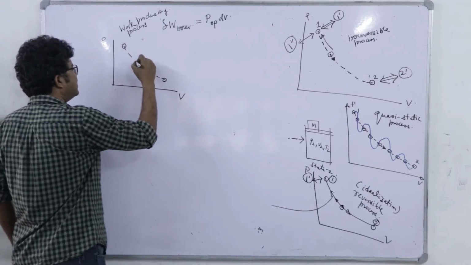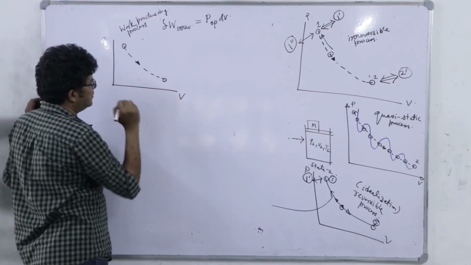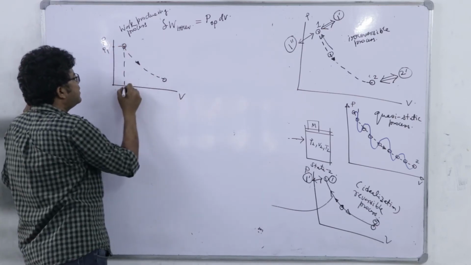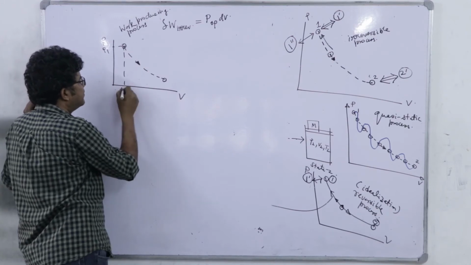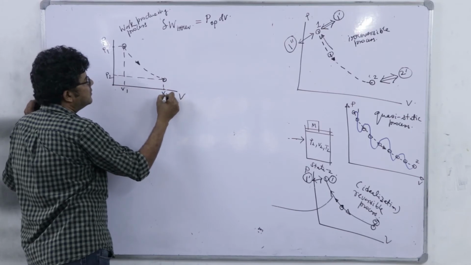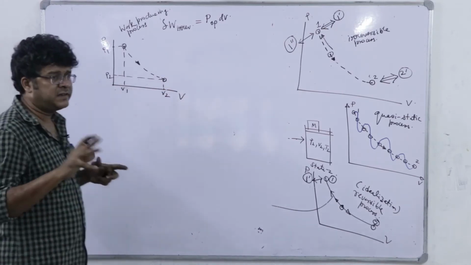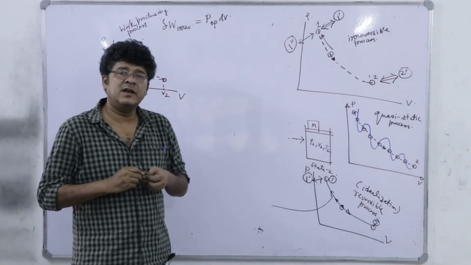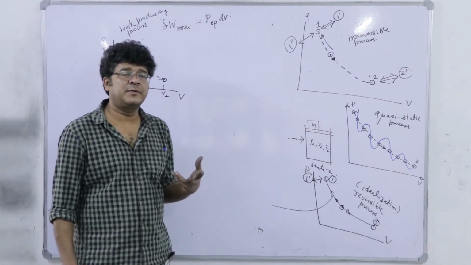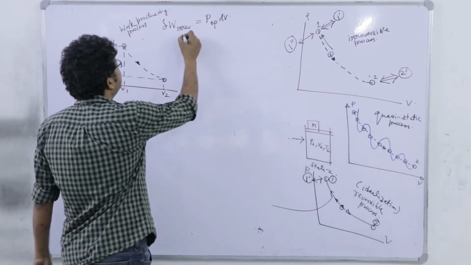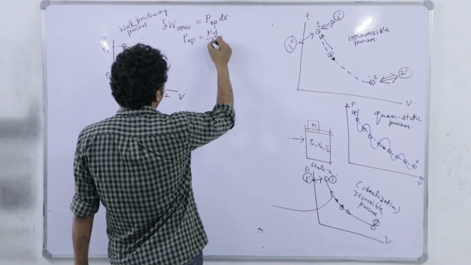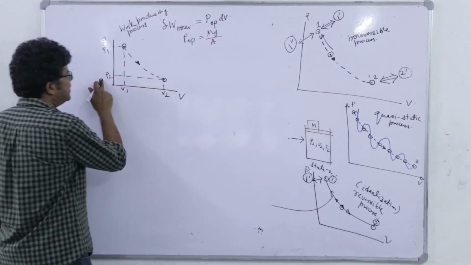tentative process curve, definitely it is tentative, for representation simply. So this is P1, this is V1, this is P2. Now we haven't changed the opposing pressure here because it was the dead weight capital M. And the opposing pressure here, P opposing, was capital M into G divided by A, which is the same as P2.